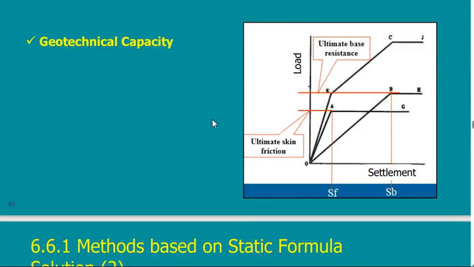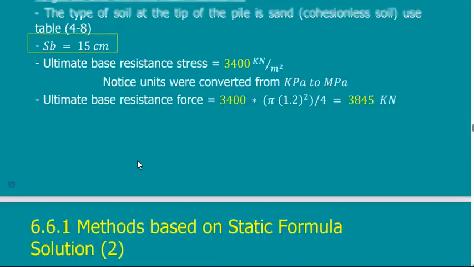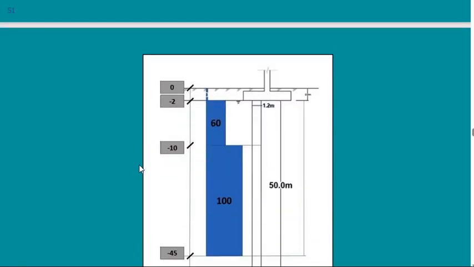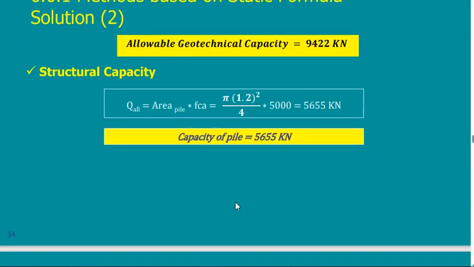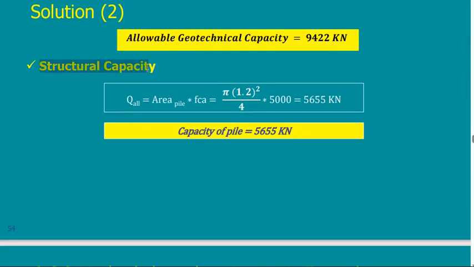Here is the geotechnical capacity, the one that we have just discussed, but after finishing this, I will have to calculate something called the structural capacity. The structural capacity is equal to the area of the pile multiplied by fc' of the concrete. If I have fc', I multiply it by the area to get a value, compare it to the allowable geotechnical capacity that you have calculated based on many cases, and take the smaller.